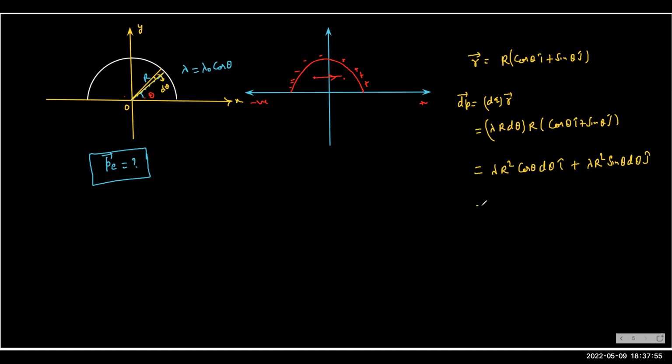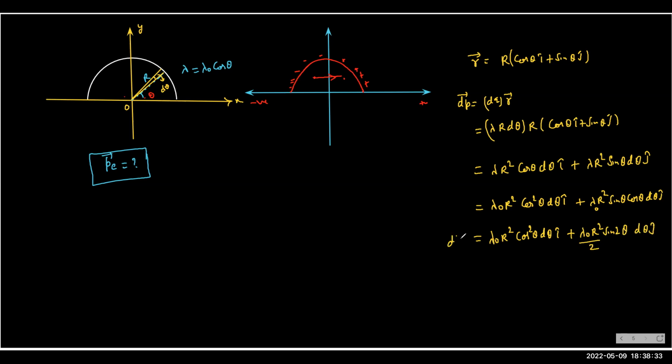Now we substitute the lambda value as well, which is lambda not cos square theta d theta, plus lambda r square sin theta cos theta d theta j cap. So this is lambda not r square cos square theta d theta i cap plus lambda not r square sin 2 theta by 2.